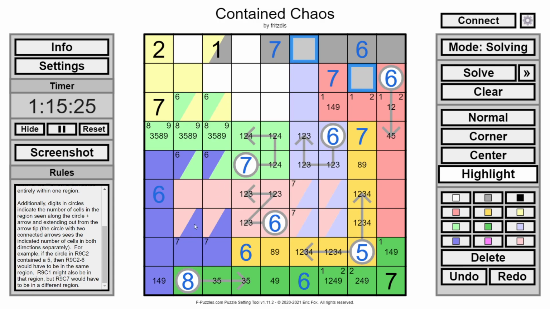Oh, wait a minute. So, one of these is light green. Oh, but no, but both of them could be light green. No. Yeah, both of these could be light green. I haven't said that this is light green up here. Both of these could be light green. Yeah, maybe this coloring is gonna throw me off.